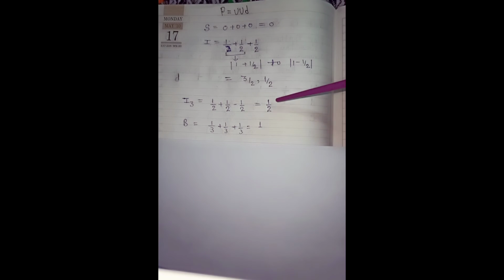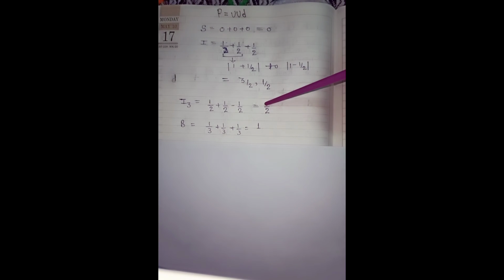So the isospin on the right hand side can be 1 by 2, and the isospin of proton is also 1 by 2. Let's check the third component of isospin. Proton has third component of isospin equal to 1 by 2. On the right hand side, the third component of the up quark is 1 by 2 and of the down quark is minus 1 by 2, so the total third component is 1 by 2, which is also satisfied here.